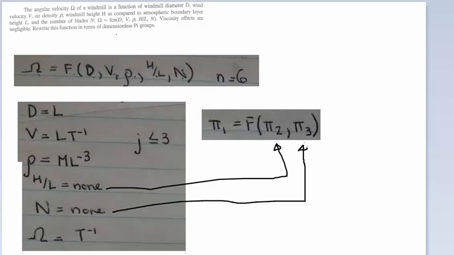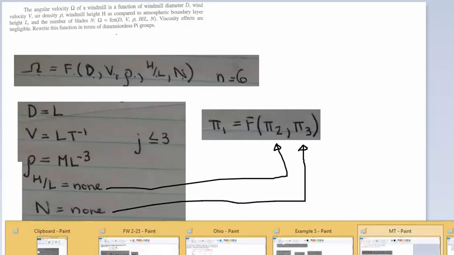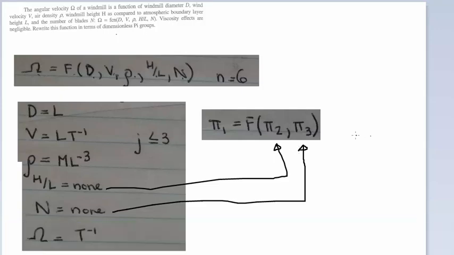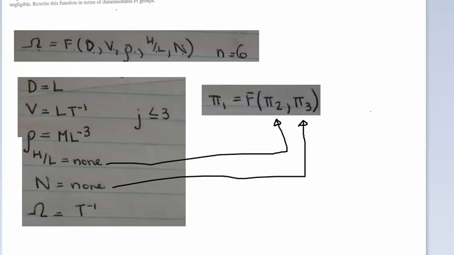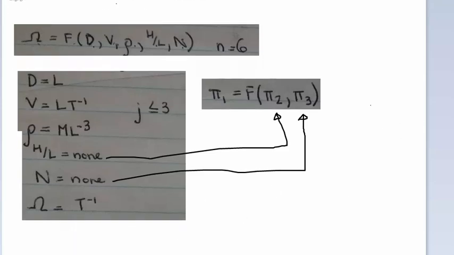Because these guys are already dimensionless. And remember, our Buckingham pi theorem said we're going to have n minus j pi groups, and that's going to be 6 minus 3. So 2 of our pi groups are already taken care of, because these are actually dimensionless groups in disguise. So let's put that down.